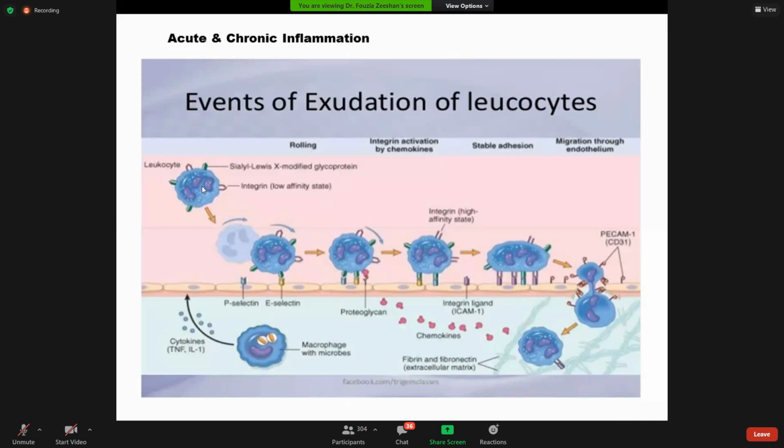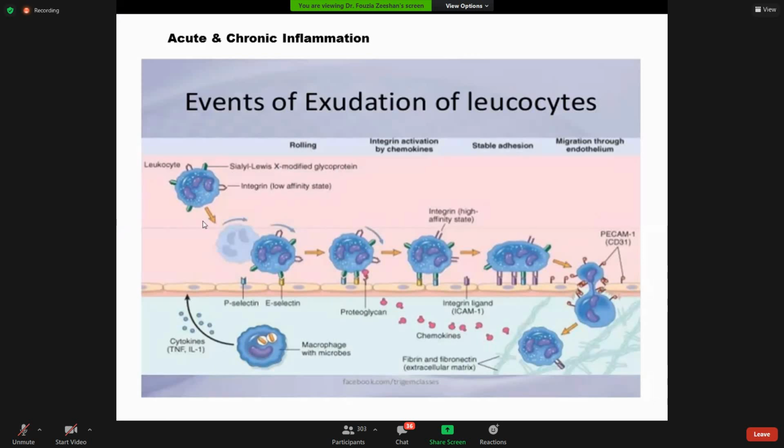Then the integrins attach to their respective ligands on the endothelial lining. In this way, you can see this is E-selectin, and the ligand of E-selectin, that is sialyl Lewis X modified glycoproteins, is found on the leukocyte.